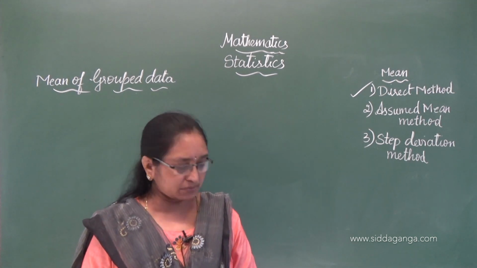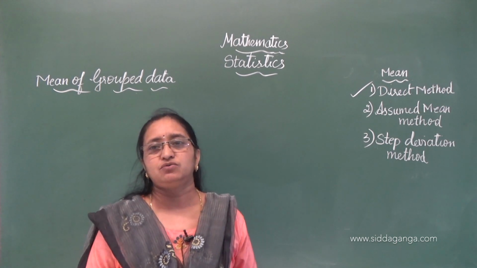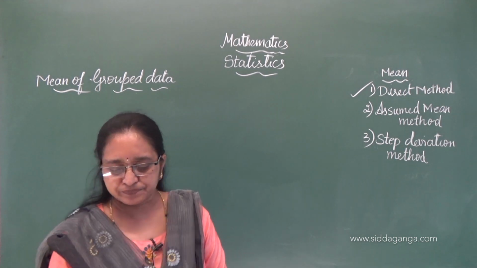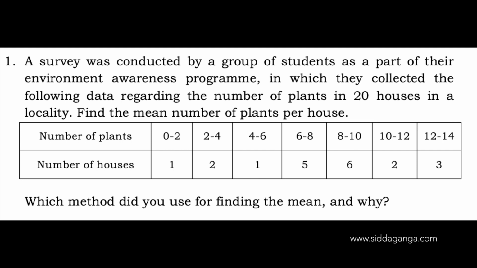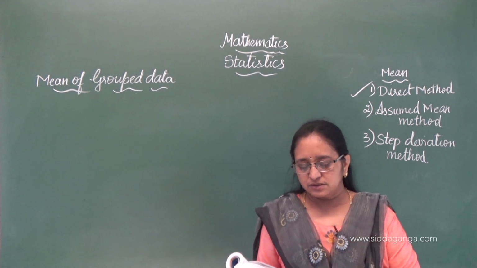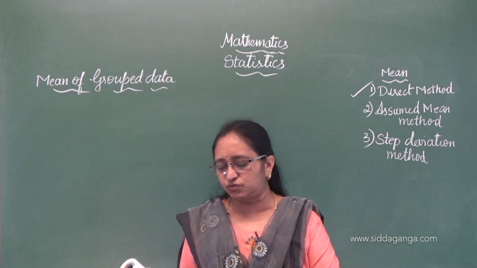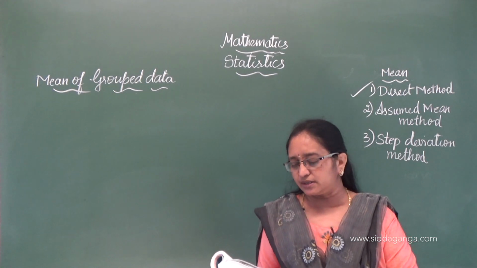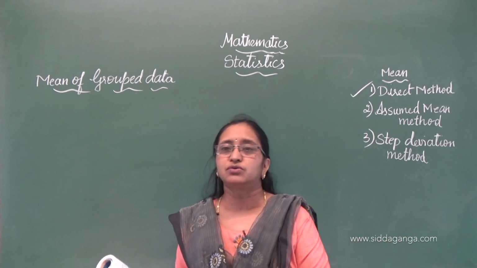For the example problem, I am going to take the first one from your 14.1 exercise. A survey was conducted by a group of students as a part of their environment awareness program, in which they collected the following data regarding the number of plants in 20 houses in a locality. Find the mean number of plants per house. They have given number of plants 0 to 2, 2 to 4, 4 to 6, 6 to 8, 8 to 10, 10 to 12, 12 to 14.